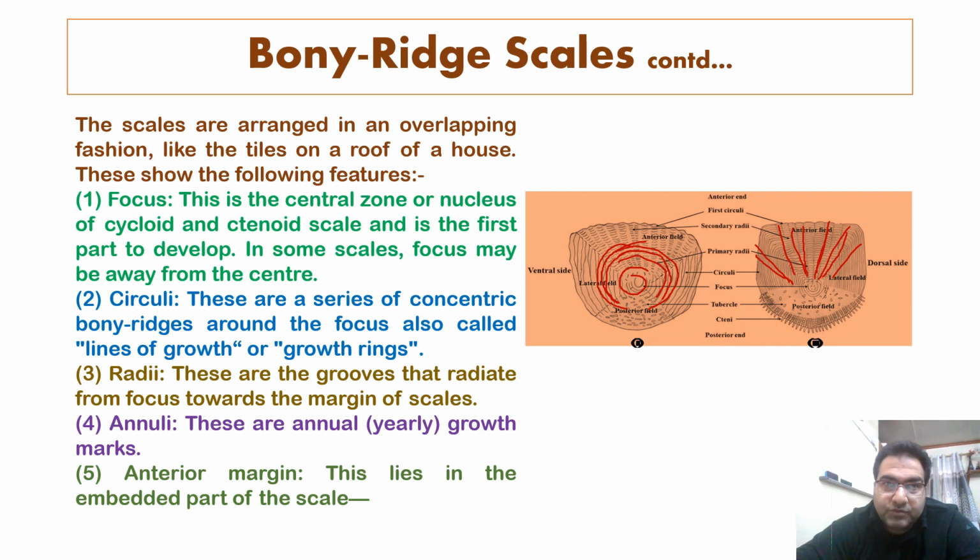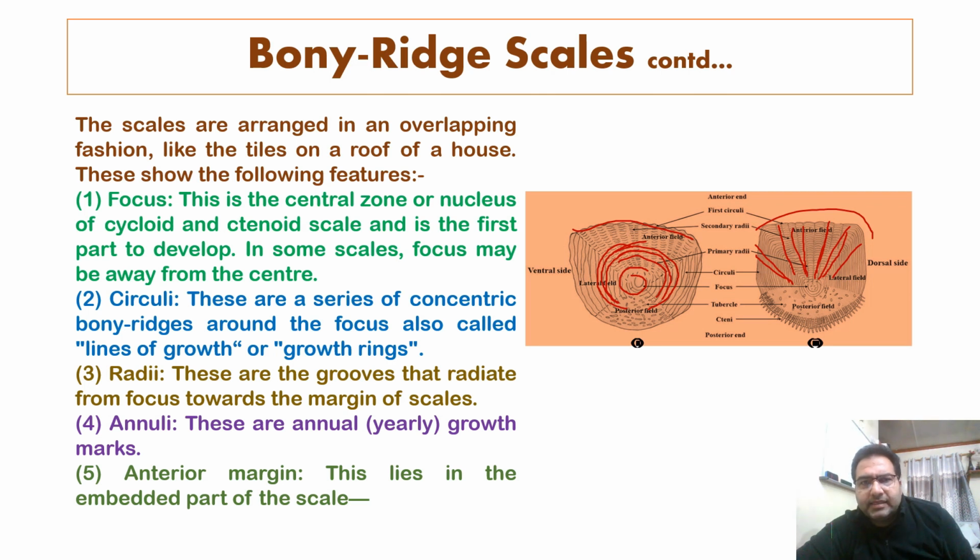Many times these growth rings are concentrated at certain places and form the yearly growth rings. Then there is the anterior margin, which lies in the embedded part of the scale.